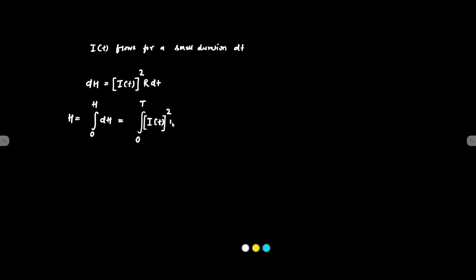T square R dt, which we can write as the integration from 0 to T of I max sine omega t, squared, times R dt.